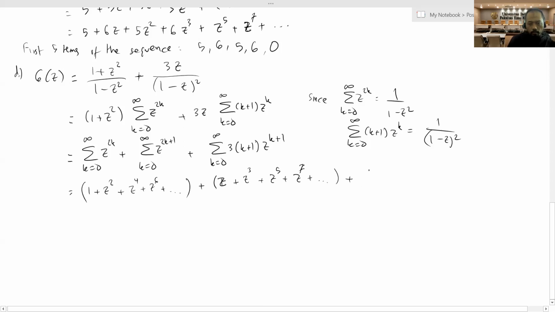And the third term is actually 3z, I should say, 3z plus 6z squared plus 9z cubed plus 12z to the power of 4 and then 15z to the power of 5 and so on.